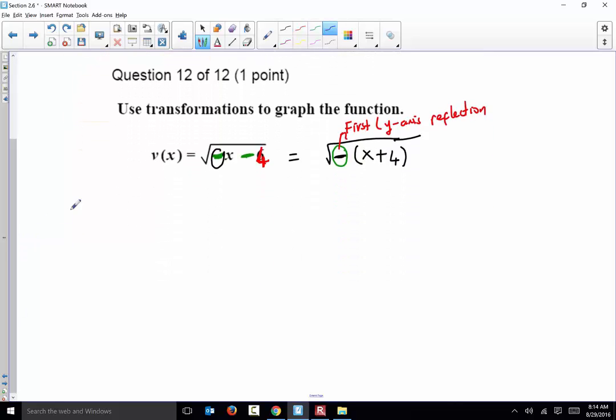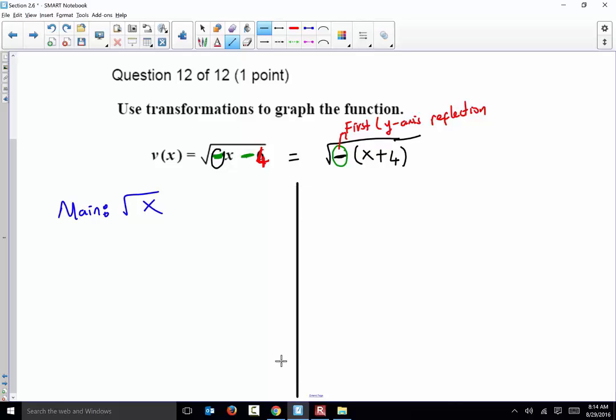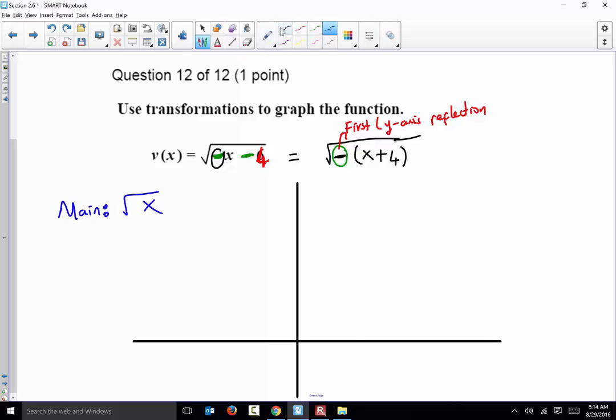But what is the main function first? What main function has been taken and changed? Perfect. Square root x. So I'm going to plot that one first. Here is square root x. Again, this is in the first 2 slides if you forget their graphs, but you need to know them by heart.